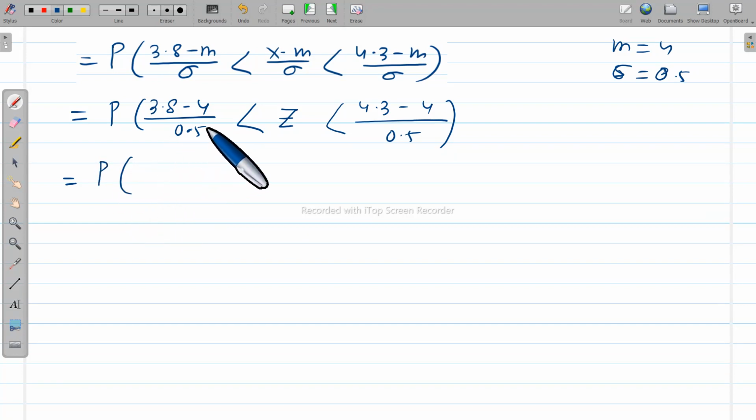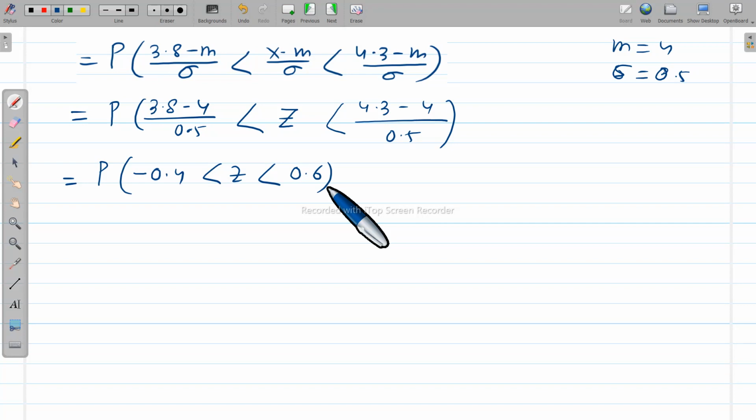So here it is coming minus 0.2 by 0.5, that is minus 0.4, less than z less than 0.3 divided by 0.5, please check, it is coming 0.6. Please check whether it is coming or not.